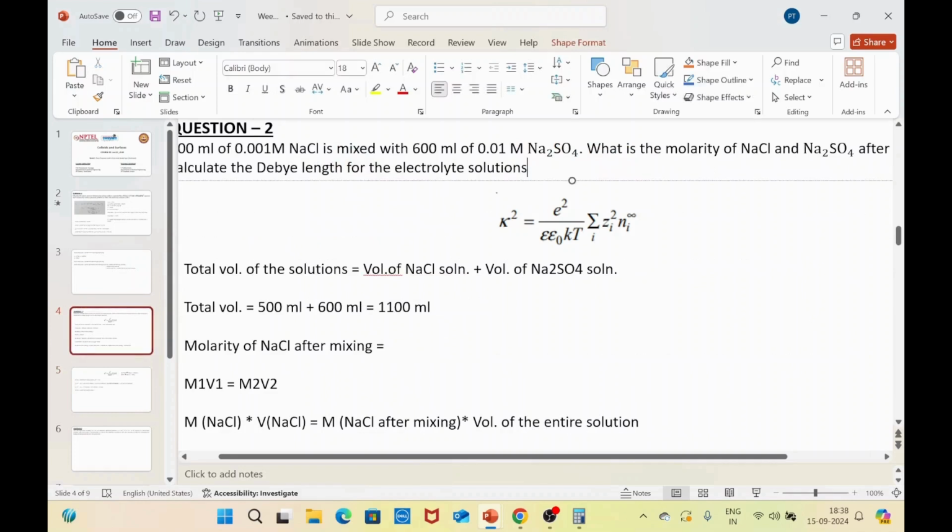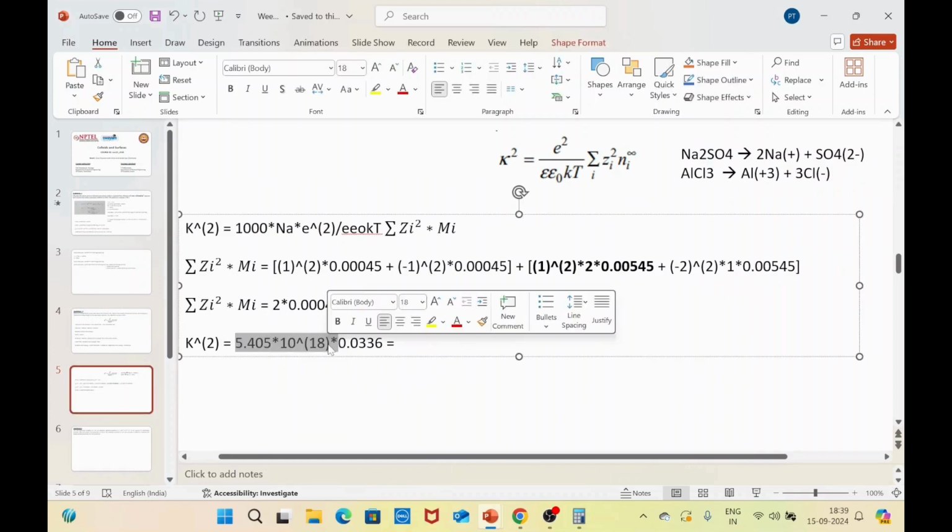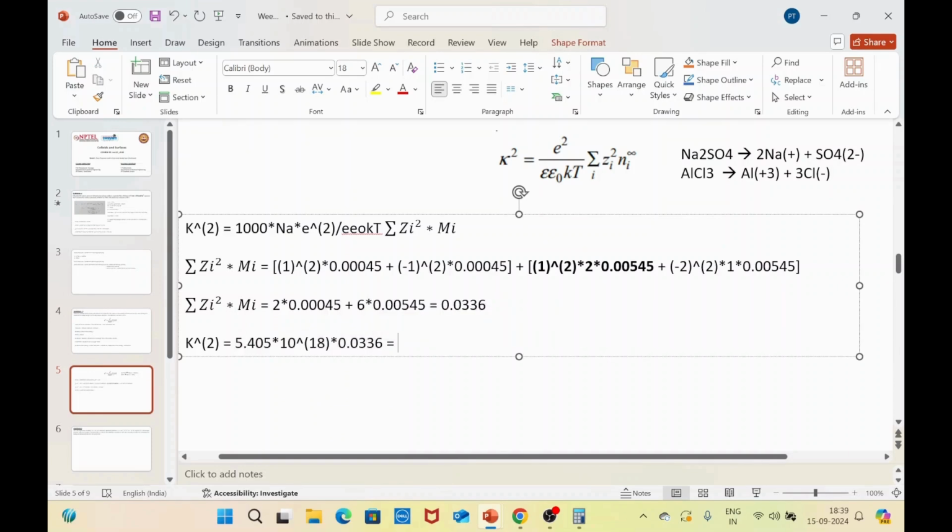So the useful quantities remain the same. Let me mention that the dielectric constant here is 78.4. Of course, these terms I have calculated before. So please check, verify, and let me know the answer.